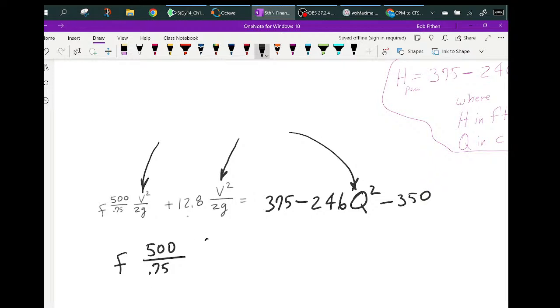Now guess what I'm going to do? I'm going to say q squared over area squared, over 2g area squared. Why? Well, q is equal to AV. And if I've got this, let's look real close here.